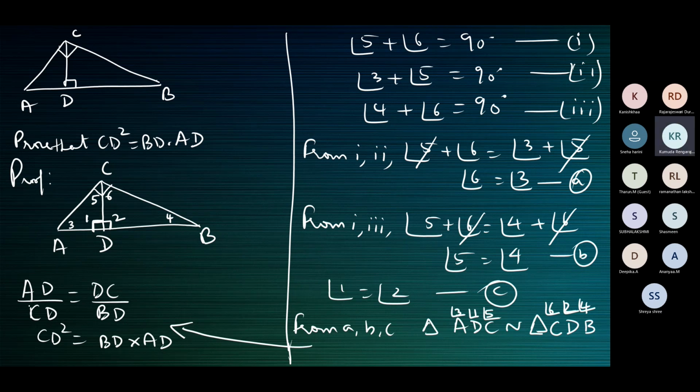So from A, B, and C, the two triangles are similar by the AAA similarity criterion. Now when triangles are similar, corresponding sides are proportional. Cross multiply, you will get the result.